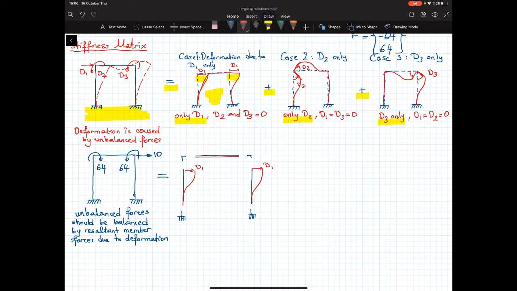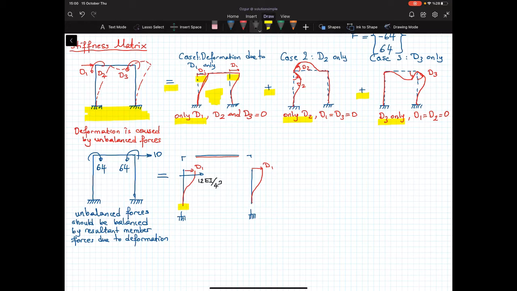Okay, so I take a look at this member now. This is the deformed state. So how much force do I see on this member? We do it with the stiffness, the slope deflection equations. All right. So the shear force here, let me use a different color, is equal to 12 EI over 4 cubed.